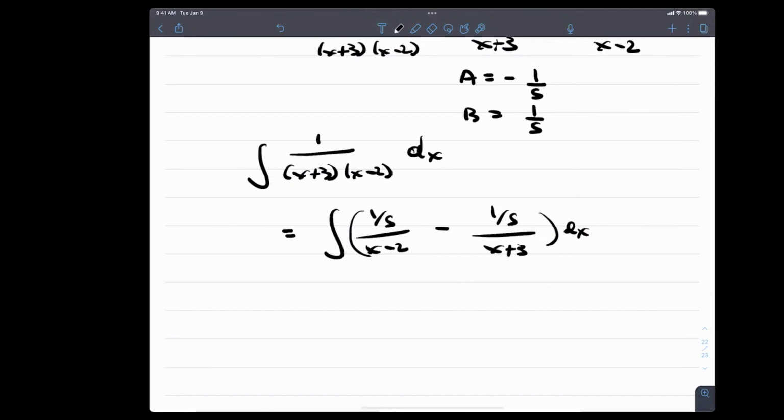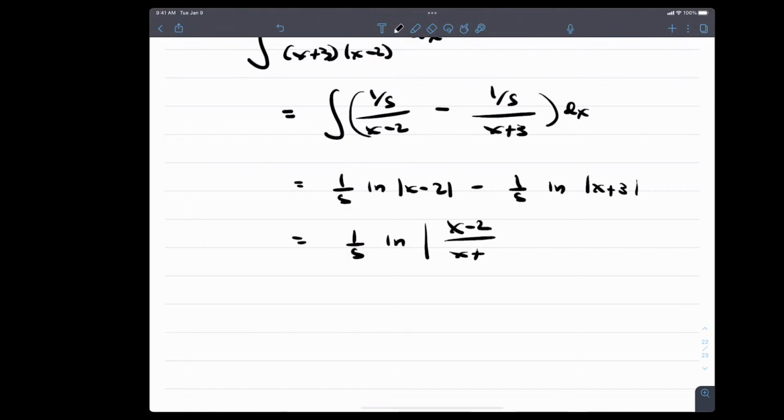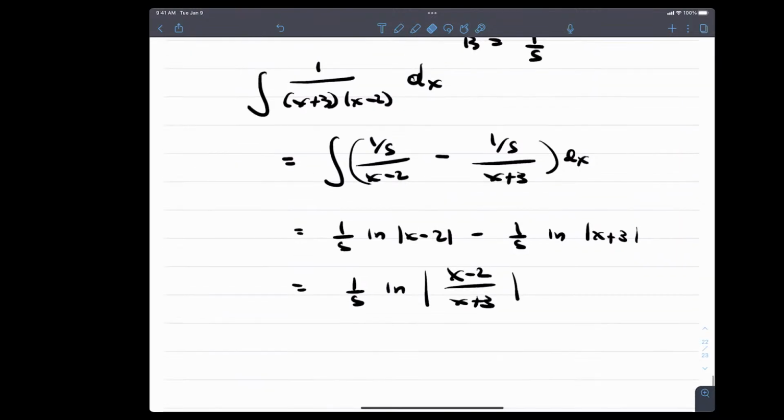And so you're going to end up with 1/5 natural log absolute value x minus 2 minus 1/5 natural log x plus 3. And really 1/5 natural log x minus 2 over x plus 3, because you can use properties of logs there. So we have some properties of logs. And don't forget, this integral is really from 0 to what? 0 to t, yeah.